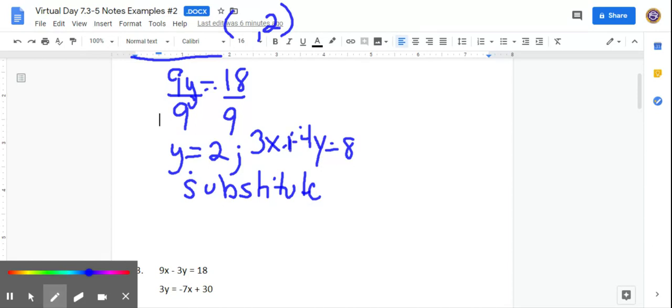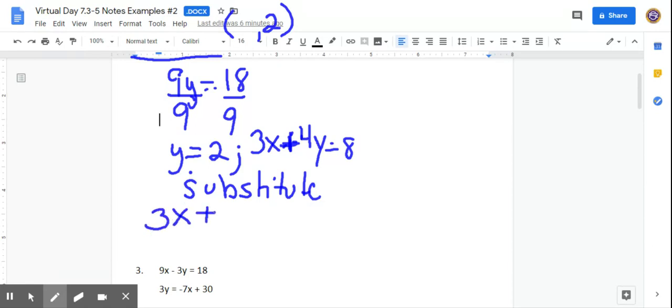So we get 3x plus 4y, but instead of the y, we put our 2, equals 8.